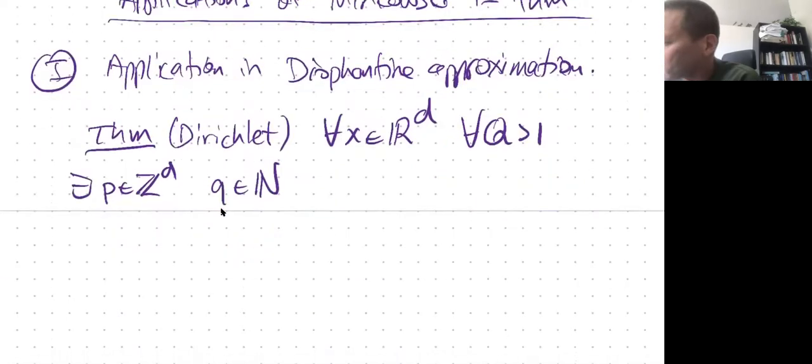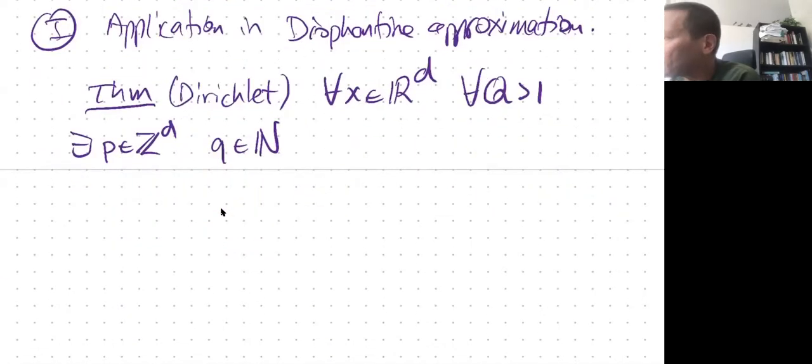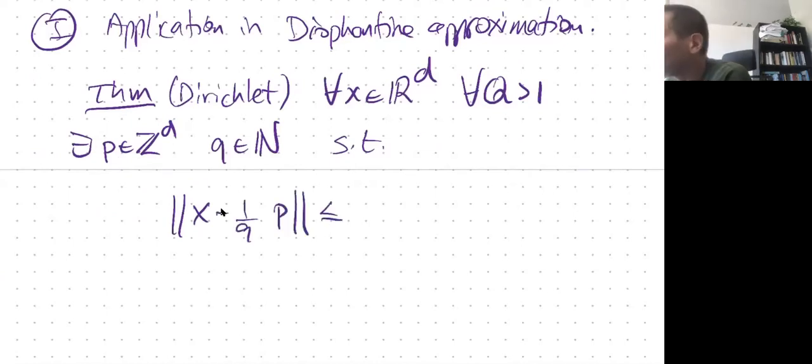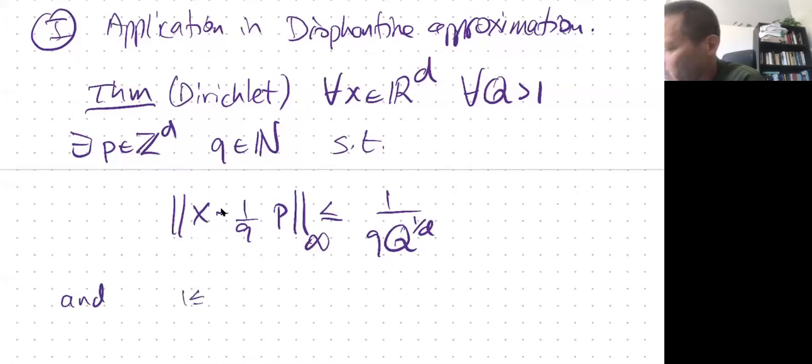a positive integer q, such that we have the following two inequalities. The norm of x minus 1 over q times p, and this is a sup norm, is less than 1 over small q times big Q to the power 1 over d, and q is not 0, and it's bounded by capital Q. So this is Dirichlet's theorem.